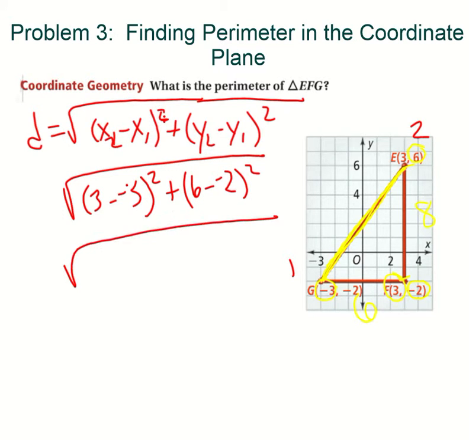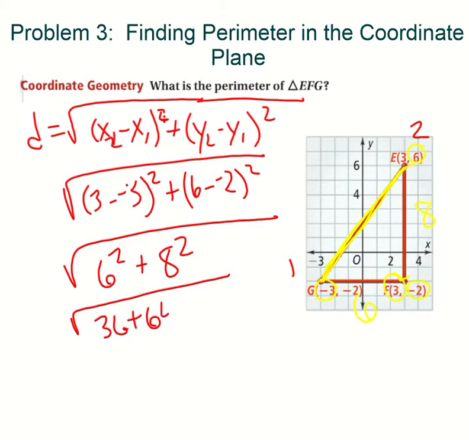That gives us the square root of 6 squared plus 8 squared. That means the square root of 36 plus 64, which brings us up to the square root of 100. Make sure we have those equal signs, because all these are the same, which is 10. And so this side length is 10.